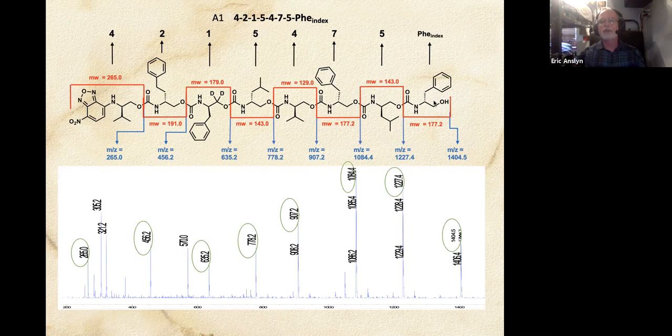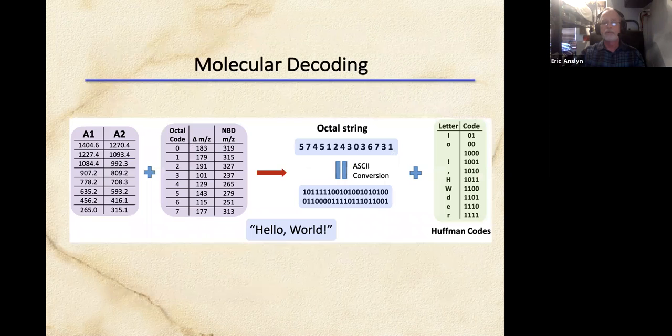So this was the abstract for the talk. Here we're going to sequence this oligomer. Here's the data that sequences it. This is just showing the organic chemistry and the actual data that we generate.